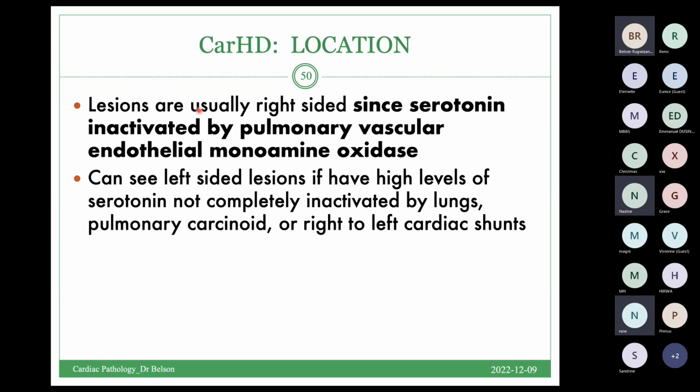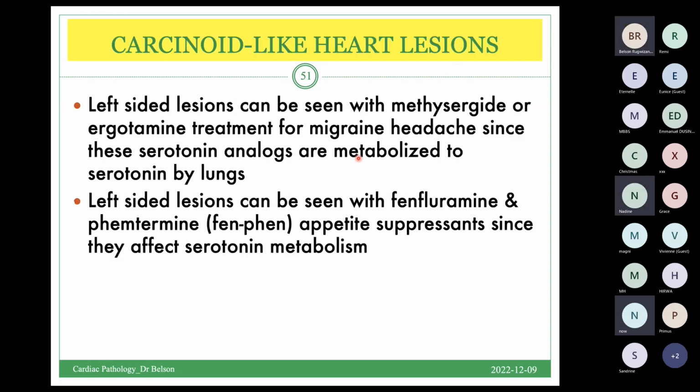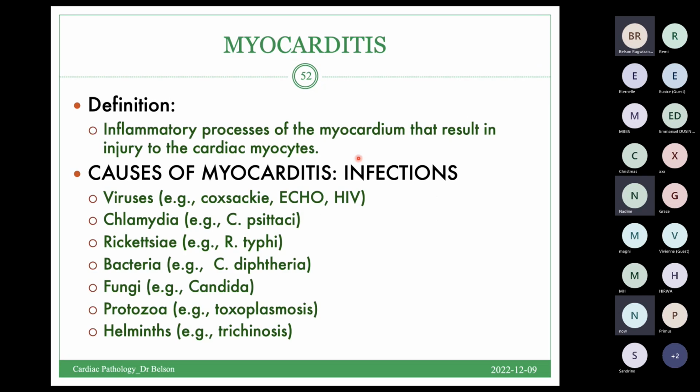And it is inactivated by pulmonary vascular endothelial monoamine oxidase. So it is what I was explaining. That is the reason why the left heart is not affected by this carcinoid syndrome. So apart from that, we go to myocarditis.